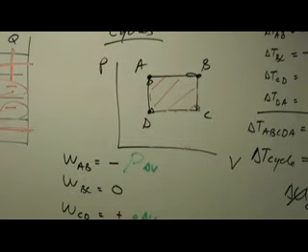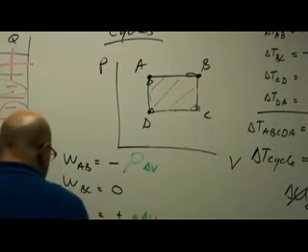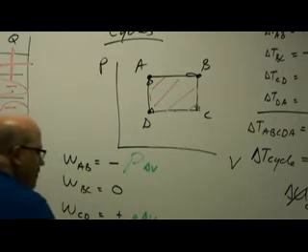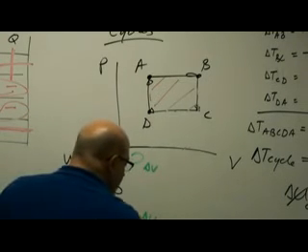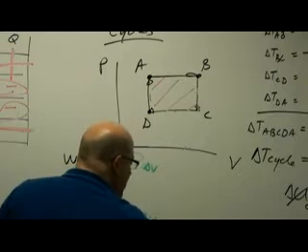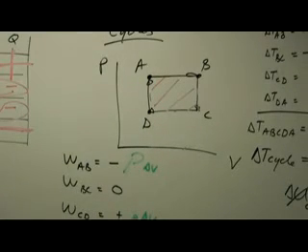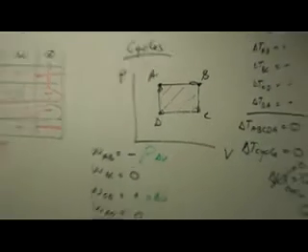Does that make sense? So this turns out for us to be negative, but it's the area inside the cycle. Okay? It's the area inside the cycle. That's kind of cool, actually, how that stuff underneath cancels out.